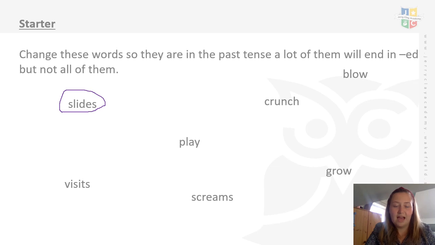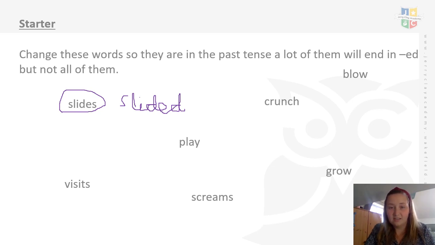Now, if I want to say that happened in the past tense, I'm going to write next to it: slided. Okay? Each word needs to be changed to the past tense.